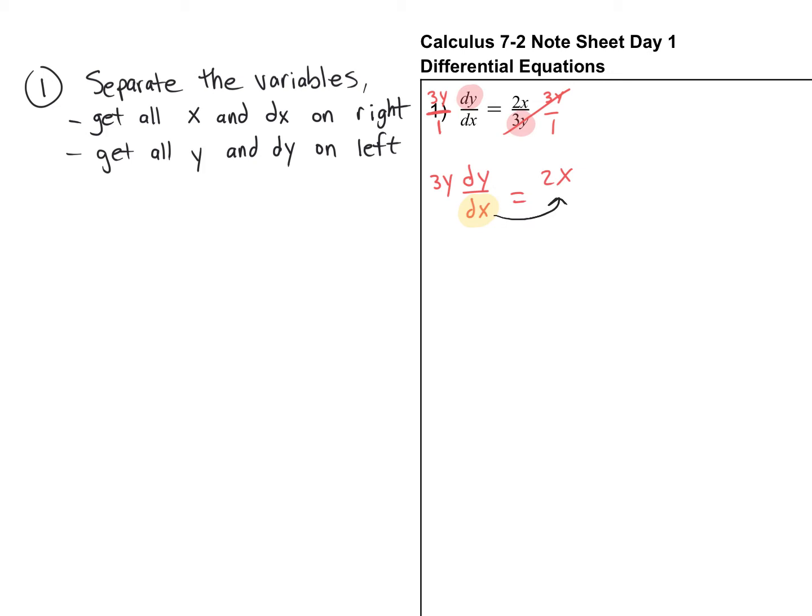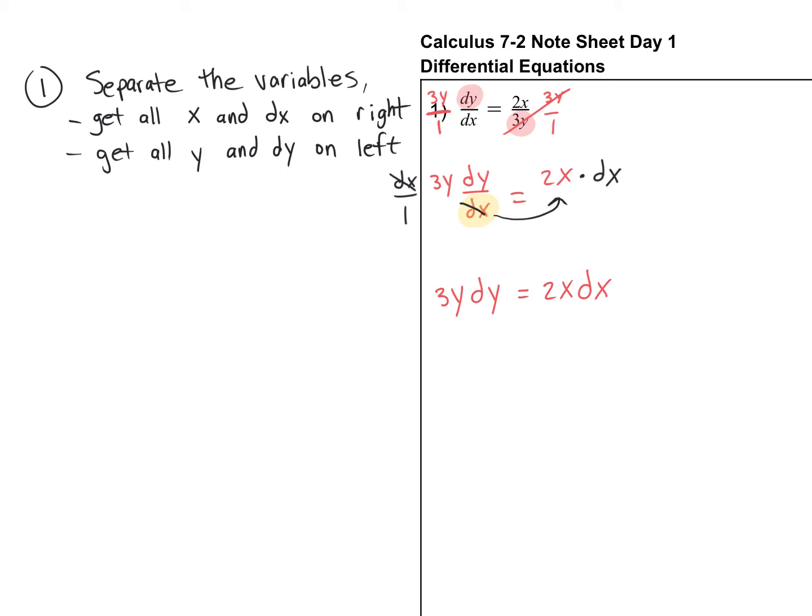So what are we going to do? We're going to multiply both sides by dx. So I'm going to multiply the left-hand side by dx over 1, and I'm going to multiply the right-hand side by dx. So now this is going to cancel here. On the left, I am left with 3y dy, and on the right, I'm left with 2x dx.